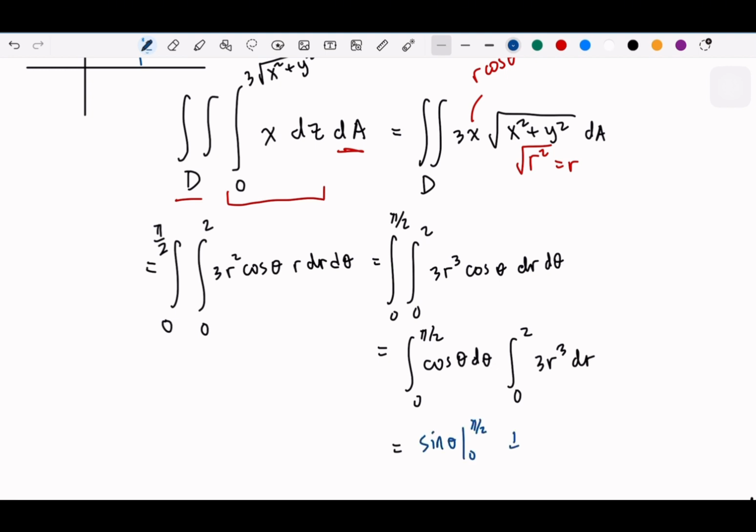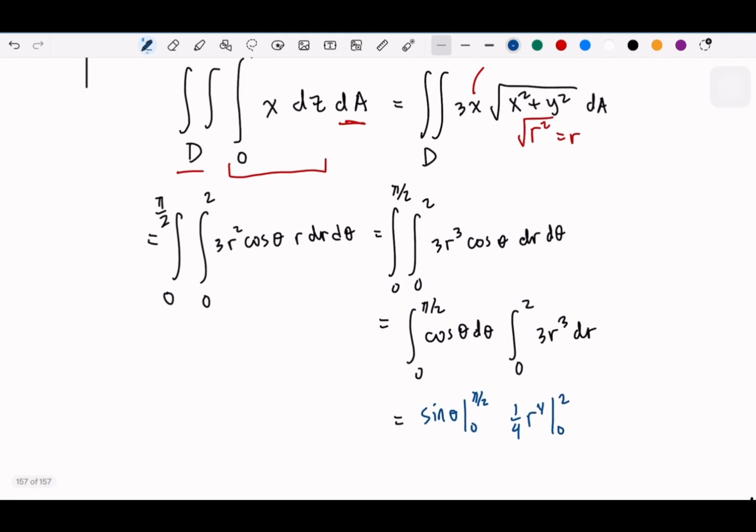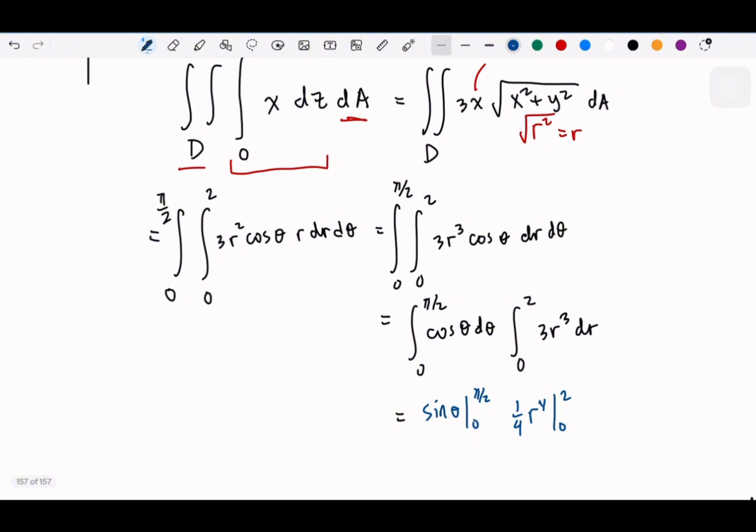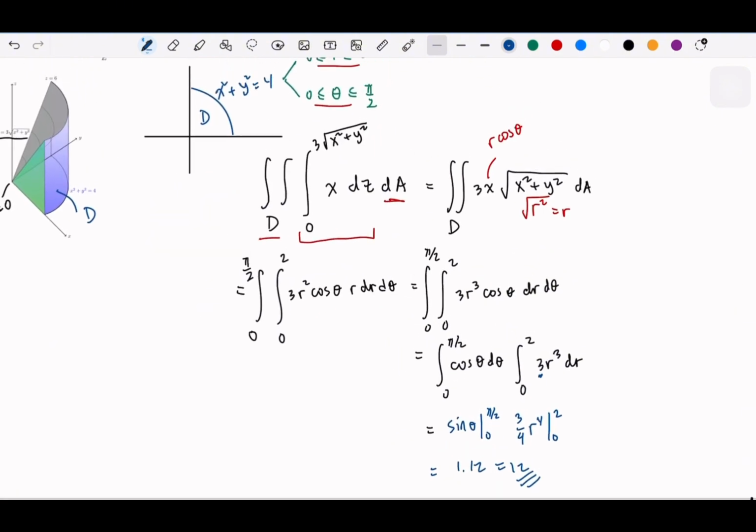This will be 1 over 4 from 0 to 2. This will be 1. Oh, this is not 1, sorry. 3, because it's 3, right? Okay, so 16 divided by 4 is 4, times 3, so 12. So 12 minus 0, so this will be 12.